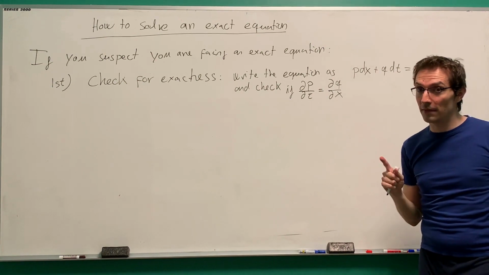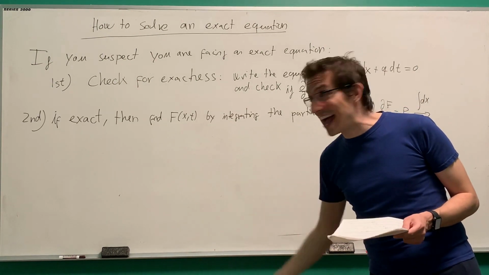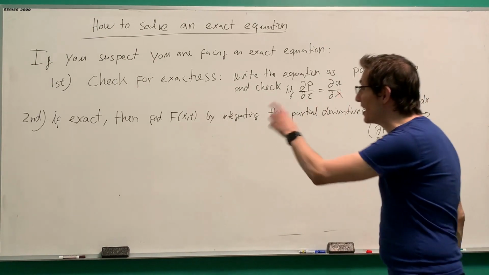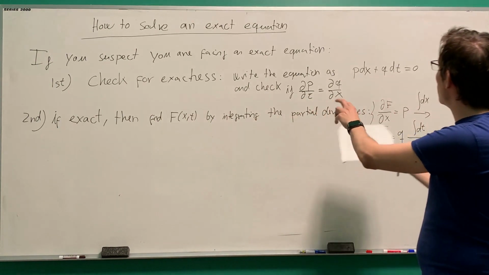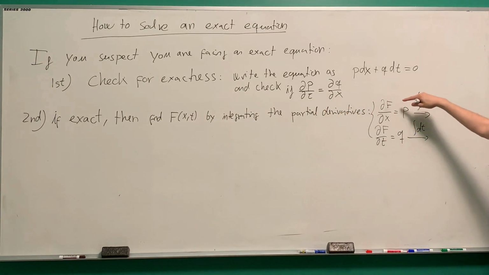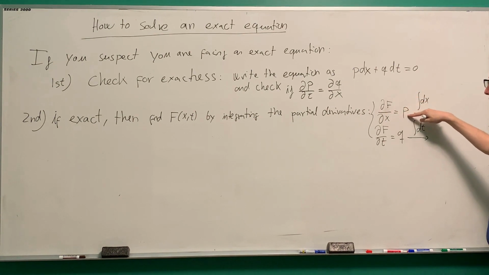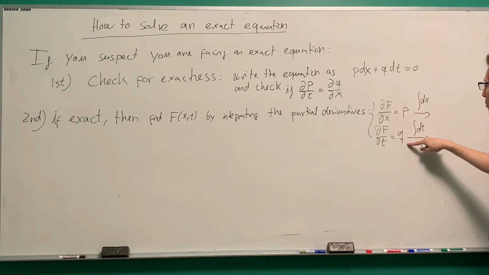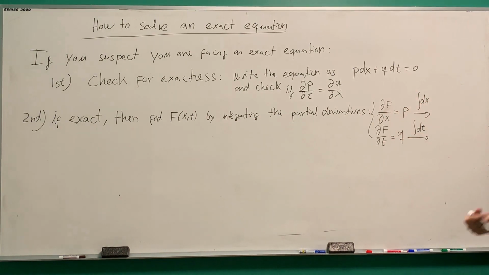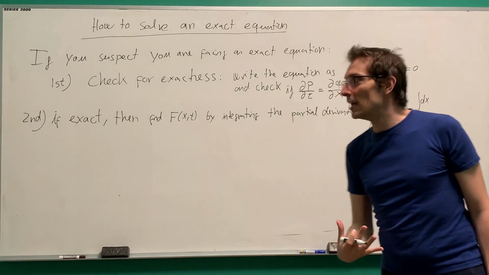So that's condition one. Second, if the equation is exact, then what you have to do is find f of x,t by integrating the partial derivatives. Remember, you have partial f with respect to x equals p, partial f with respect to t equals q, and then integrate each one with respect to the variable it's taking the derivative.